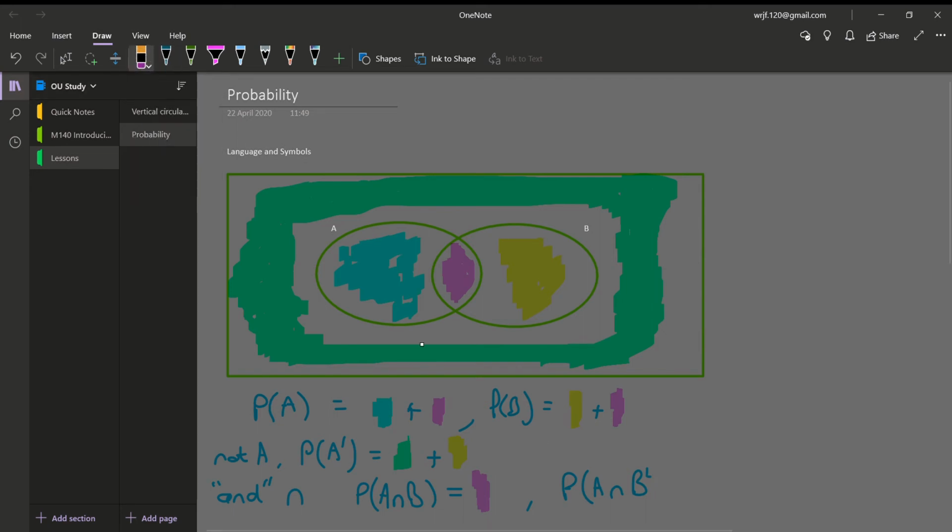Probability of A intersection B prime. So the implication there is that it's everything that is both in A and outside B.